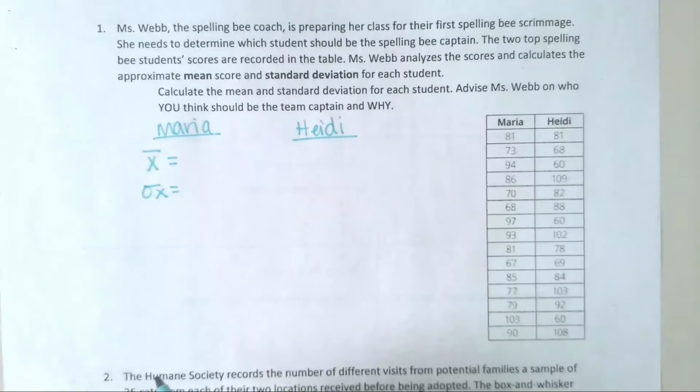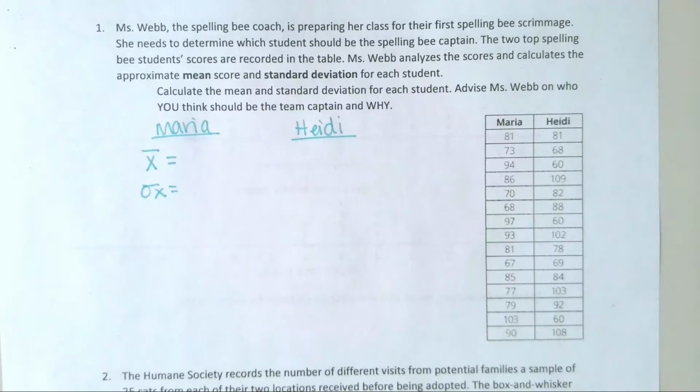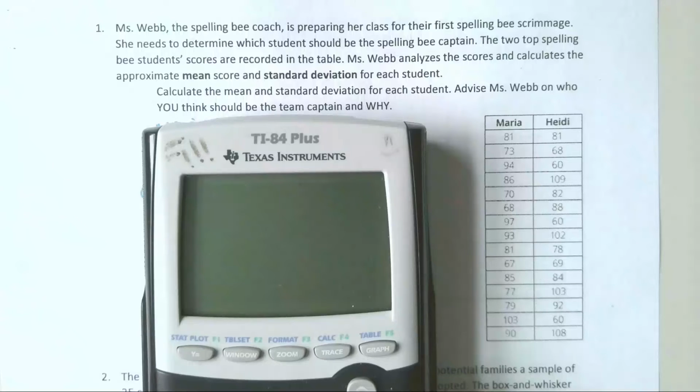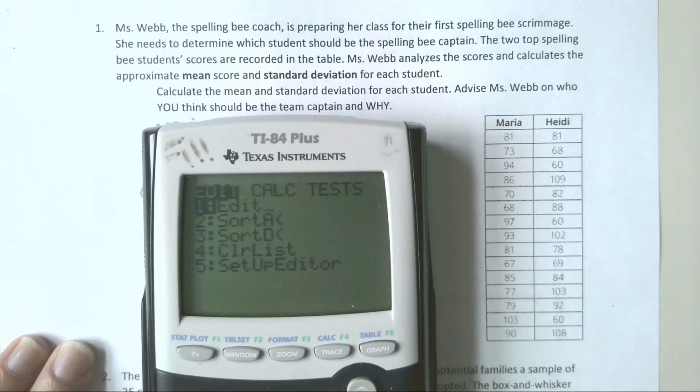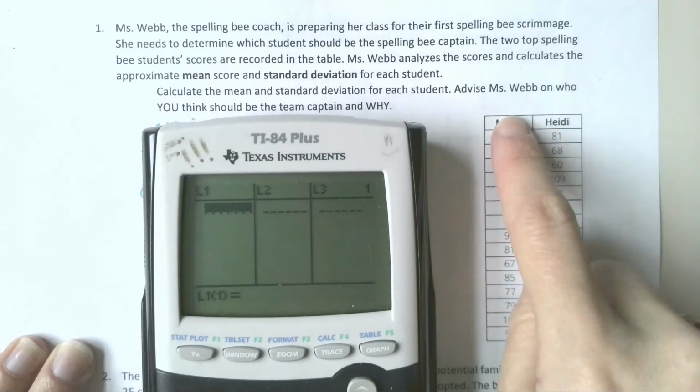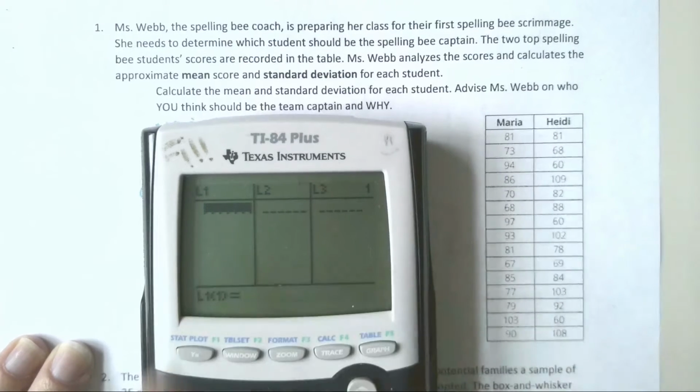So I'm going to start with Maria. I'm going to grab my calculator. We need to enter the data here into our calculator. So if you recall, to find mean and standard deviation, we have to start by hitting stat enter, and we need to put all of Maria's scores into L1.